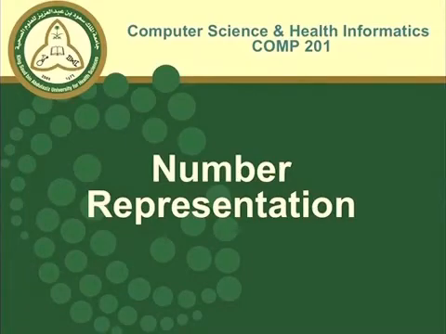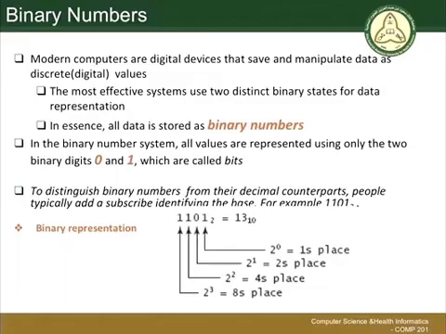So a Braille system, as I said, is an early representation of a binary system, and binary uses two symbols. Computer devices use a similar representation called the binary number.